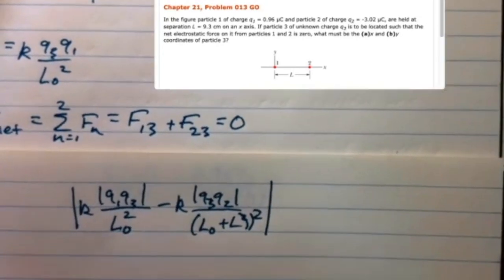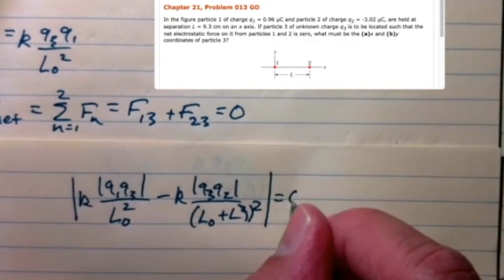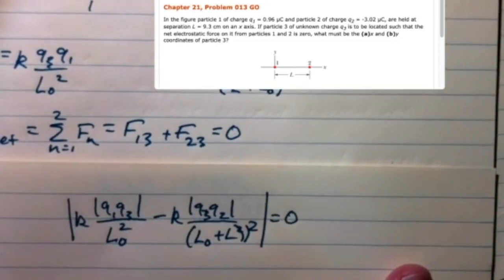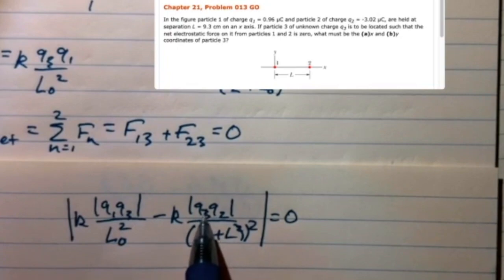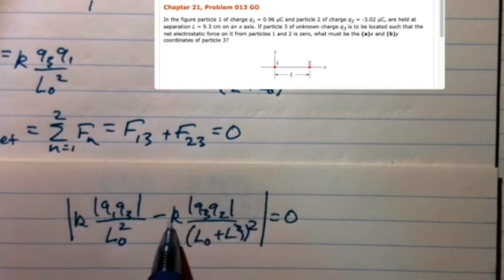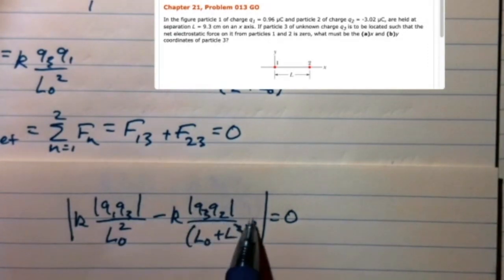Okay, and then I'm going to set this whole thing equal to 0, because I don't know what the sign of Q3 is in either of these. But I know that the forces are going to be in opposite directions, so I'm going to add these absolute value signs, just find the difference and say this thing has to equal 0.